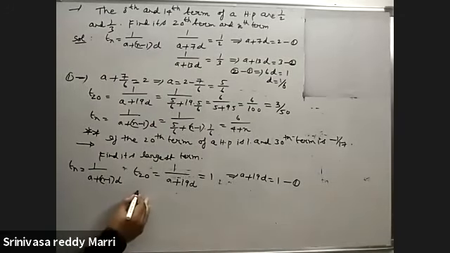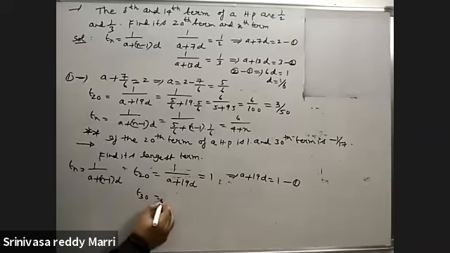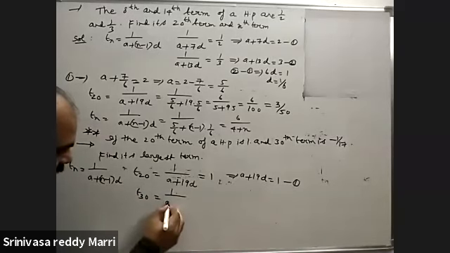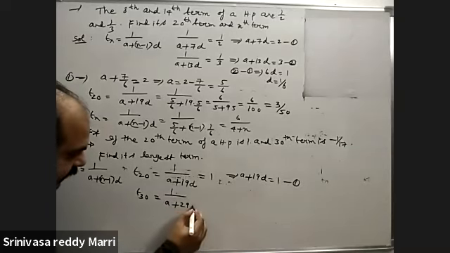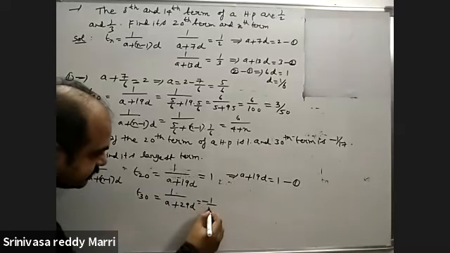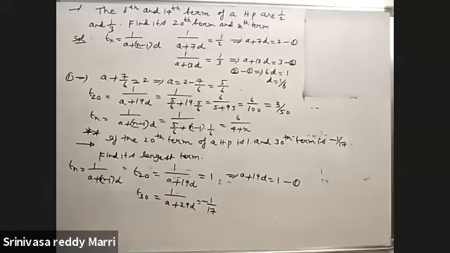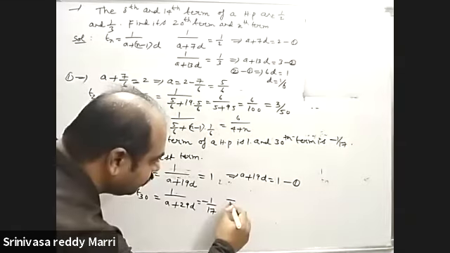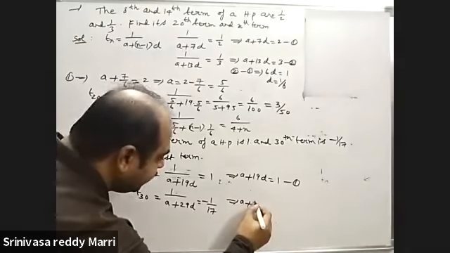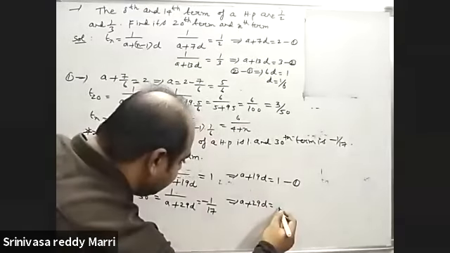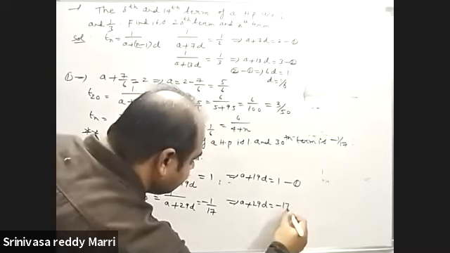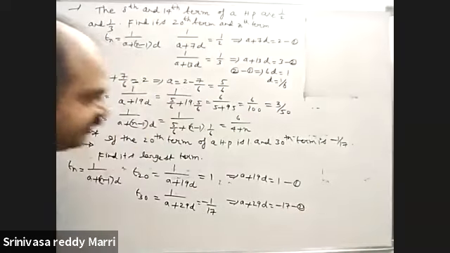Next, the 30th term is given. The 30th term is nothing but 1 by a plus 29d. That is given as minus 1 by 17. So that implies a plus 29d is nothing but minus 17. Second equation.